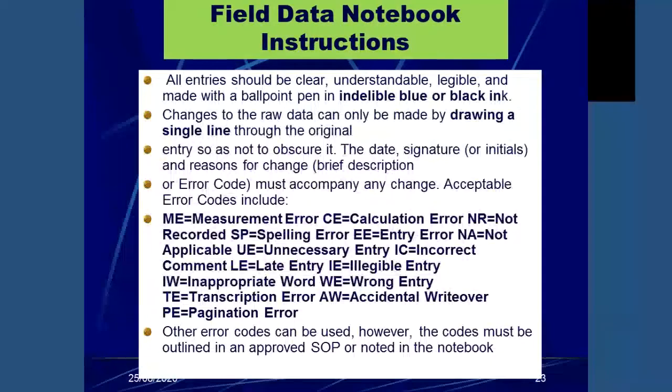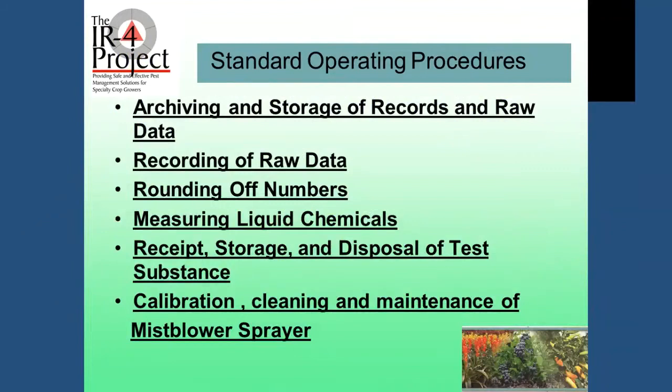Next slide, please. So you'll commonly have SOPs for archiving the data, recording raw data, rounding numbers, measuring liquid chemicals, receipt, storage, and disposal of test substances, and calibration, cleaning, and maintenance of your spray equipment. Next slide, please.